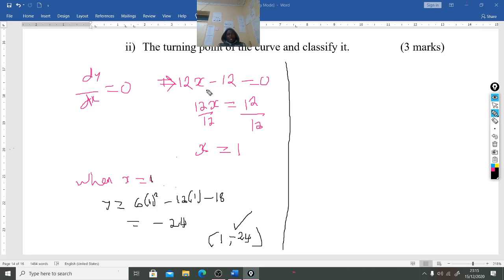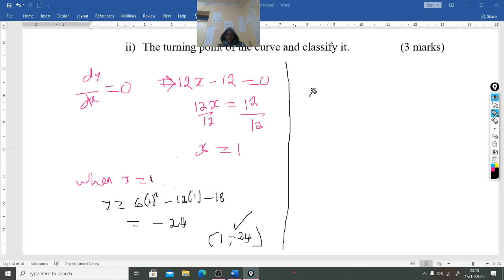So you'll have a challenge in doing that. So we better use the first differential method, whereby we draw a table. We have found that x is 1.